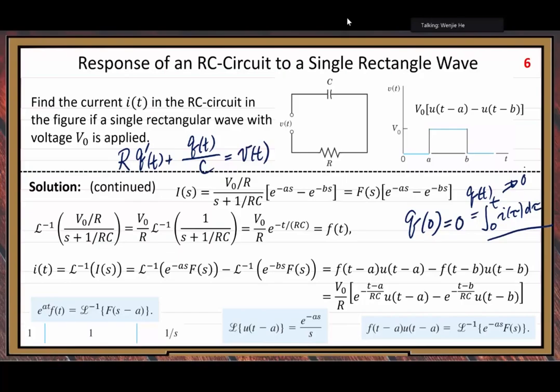So you can apply the Laplace transform, s times capital Q, and you can easily find the capital Q.